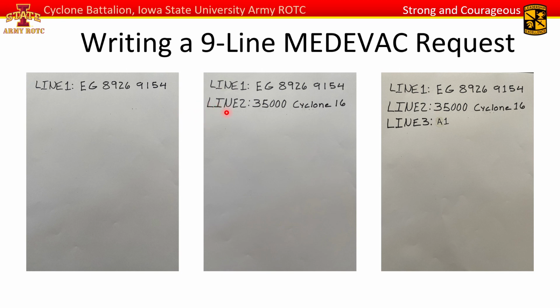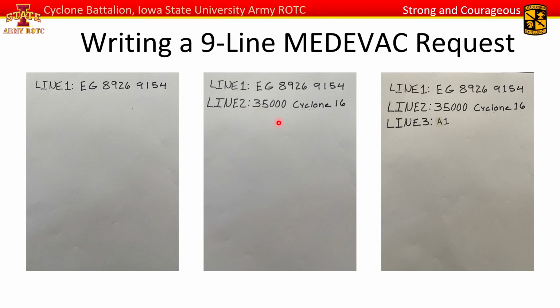So line 2 is your radio frequency and your call sign. So Cyclone 16, that is the platoon leader when you're calling up to a company level communications. 35000 is the frequency. Most frequencies are going to be 5 digits, and that's how you'll load it into the SINCGARS radio, which when we are at FTX is typically what we'll have.